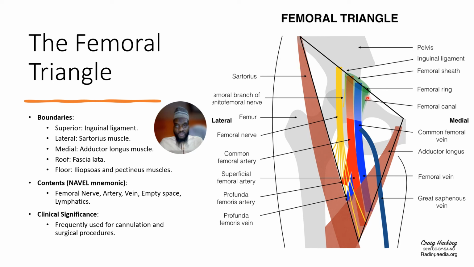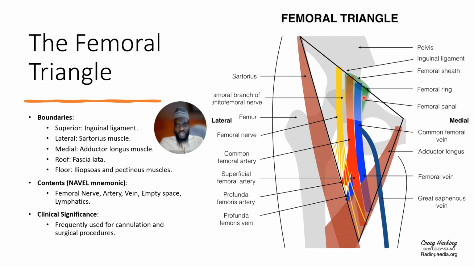the femoral vessels, particularly the femoral artery and femoral vein, and the femoral canal. Those are the contents of the femoral sheath. So the sheath is formed by extension of the transversalis fascia and the iliopsoas fascia.